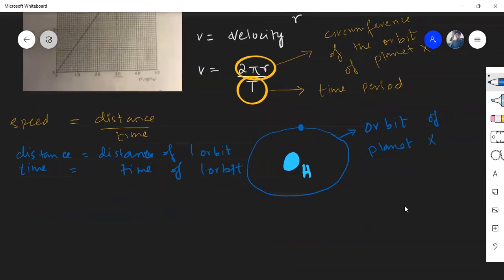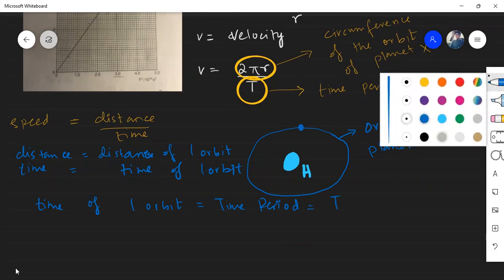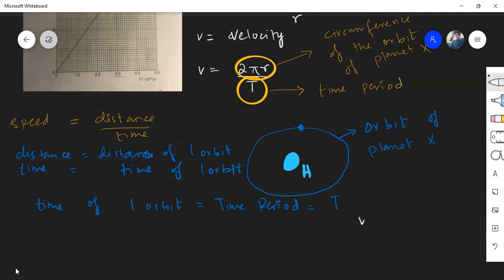Now, what's the time of one orbit defined as? The time of one orbit is defined as the time period, which can be written as T. So that's how I got my result, which was v is equal to 2 pi R over T. Do you understand this?